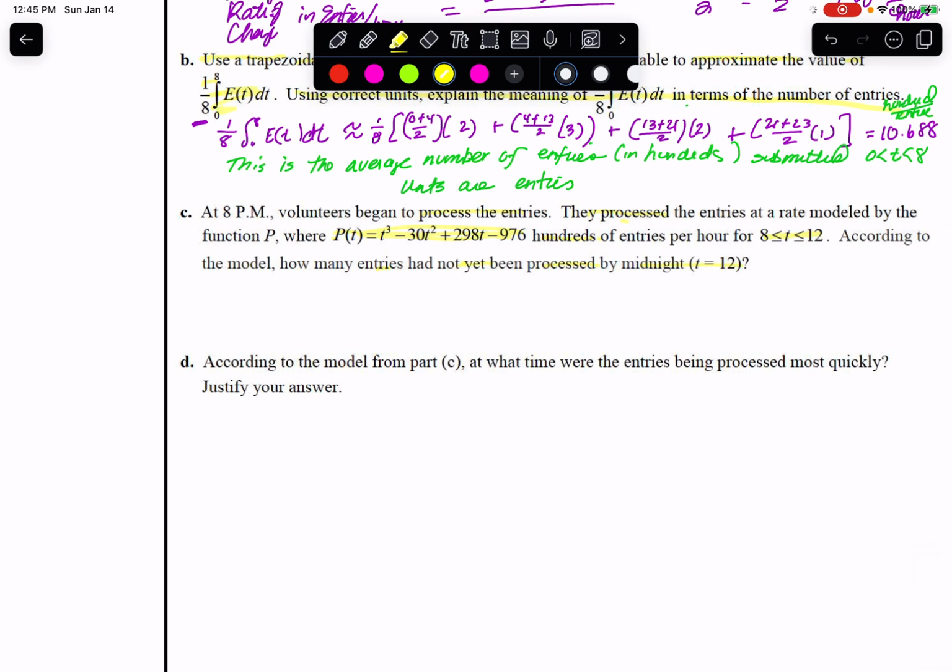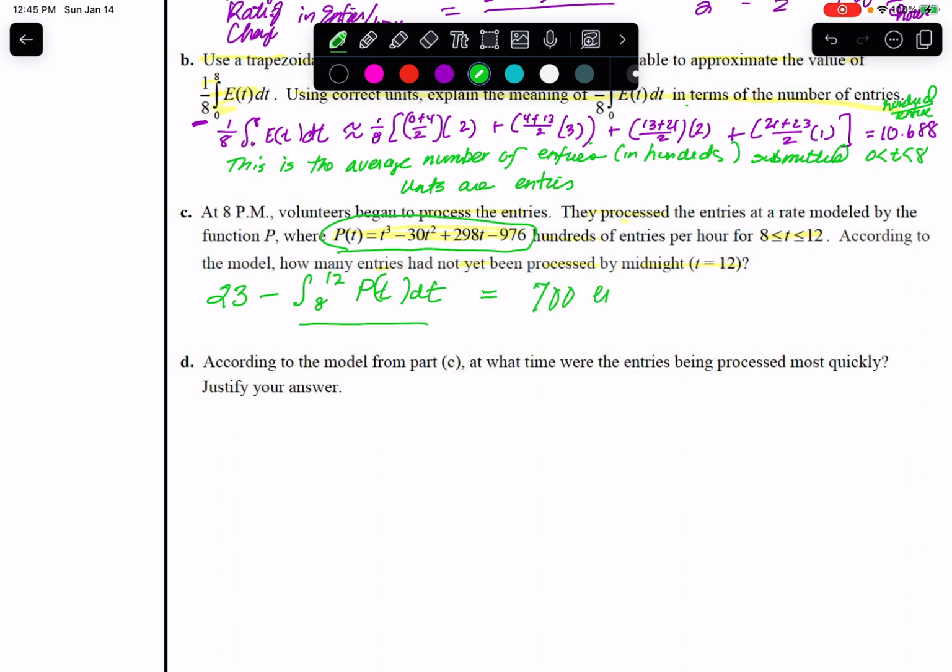So we're going to subtract from 2,300 the amount that accumulates, so minus the integral from 8 to 12 of P of t dt. If you do 23 minus this, you should get 7. So 700 entries have not yet been processed.